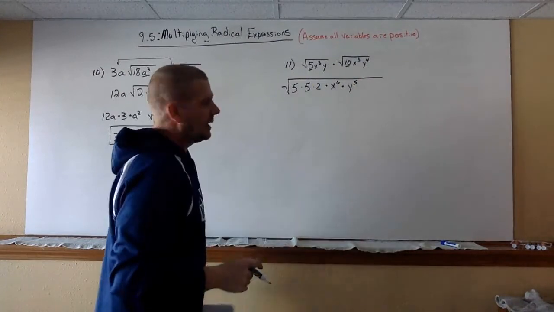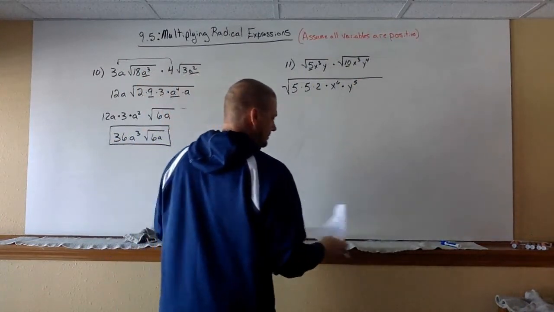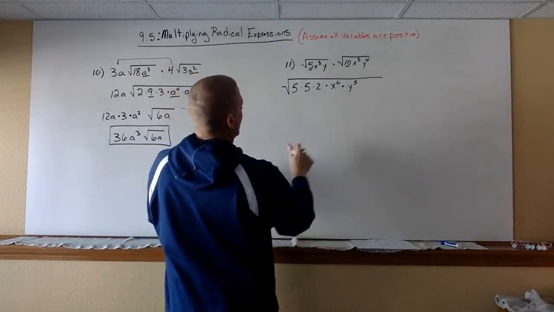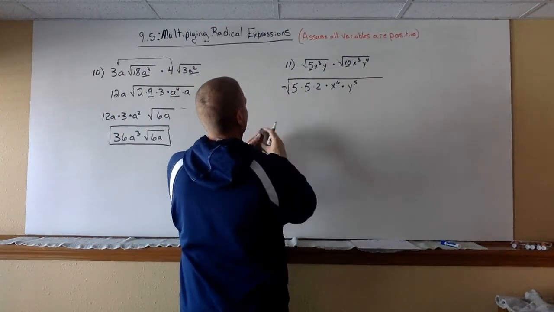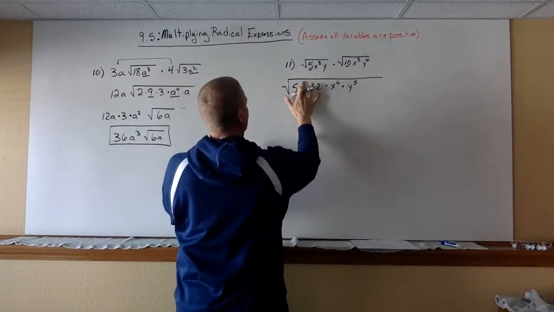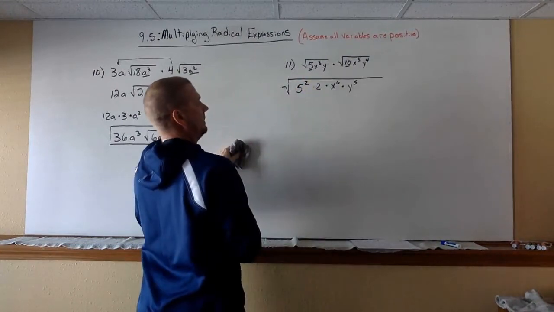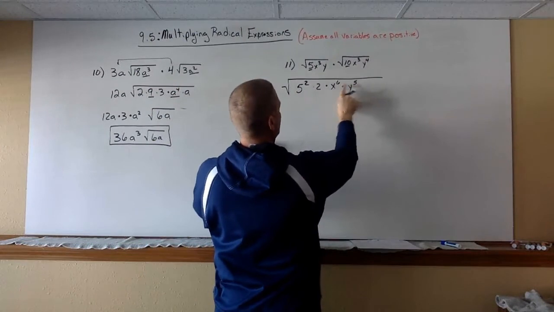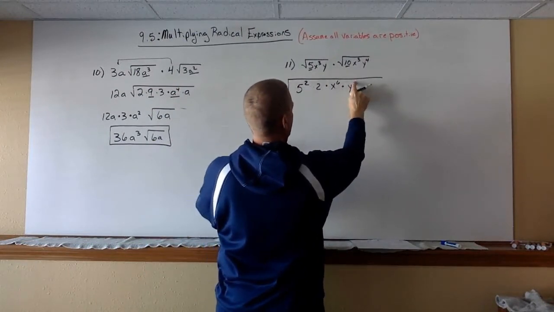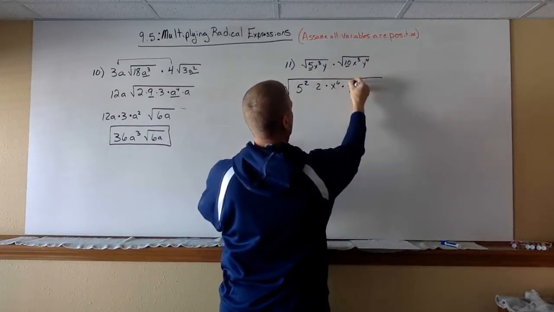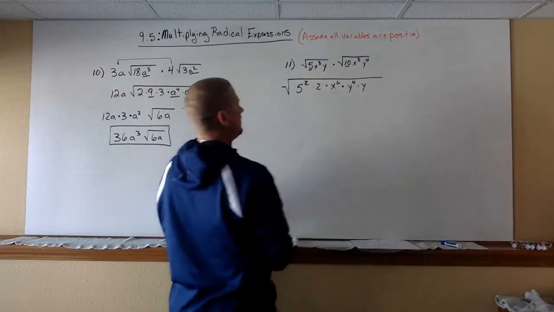So as I'm moving along here, as I'm coming underneath, in my head, I know that's 5 times 5. Well, I'm seeing these two 5s right here actually as 5 squared. And this y, because I know it's an even root, I want to make sure I can see a perfect square, which is a y to the fourth times y, so I still have y to the fifth.